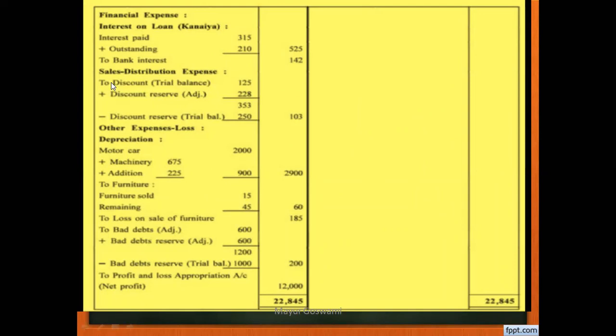Write down to discount allowed trial balance, to RDD adjustment, after one line minus RDD trial balance. So from this here we have given discount allowed trial balance in the inner column rupees 125.